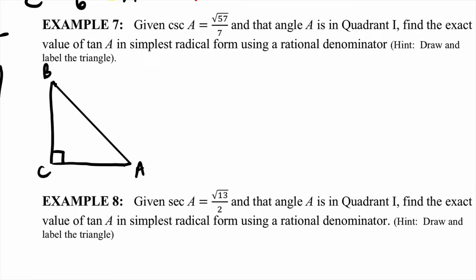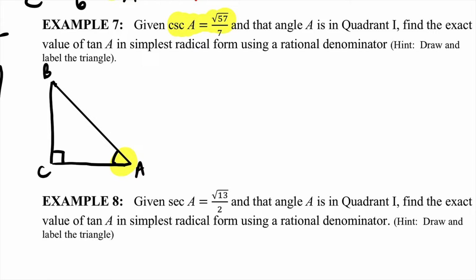All right, so they said cosecant of A. What is cosecant? Cosecant is hypotenuse over opposite.